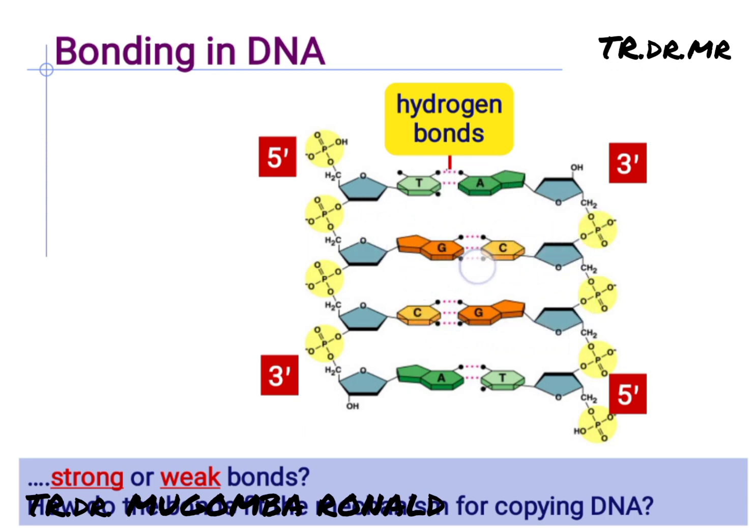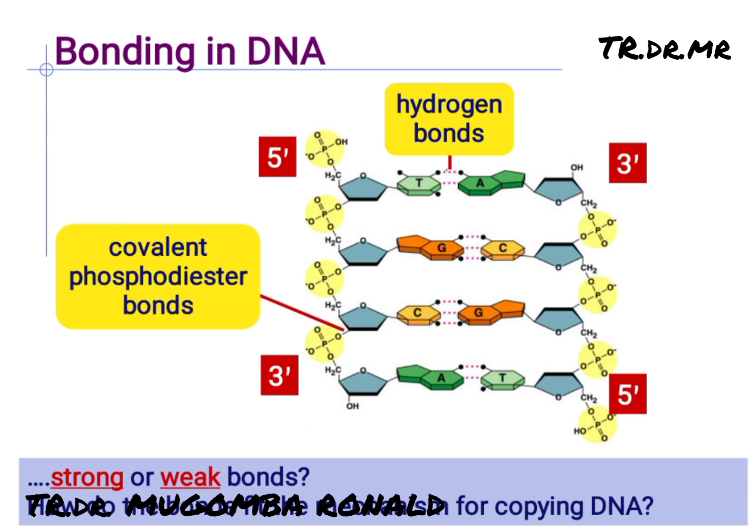So even when we are looking out for sites where we can easily open up the DNA, the easiest site to open up the DNA would be the TA site as compared to the CG site, because the CG site will be stronger and more resistant to being opened up. Now, having looked at that, that takes us to our next type of bond. We have covalent bonds.